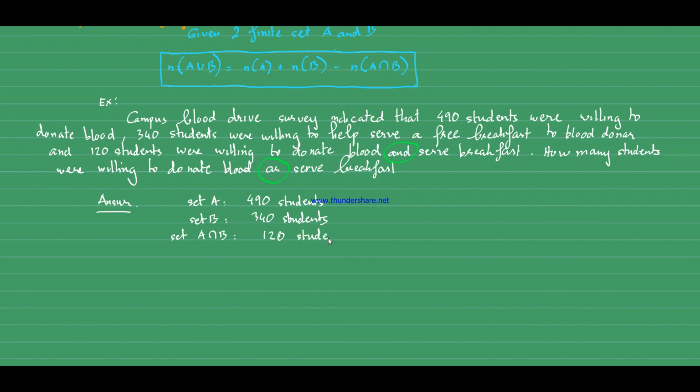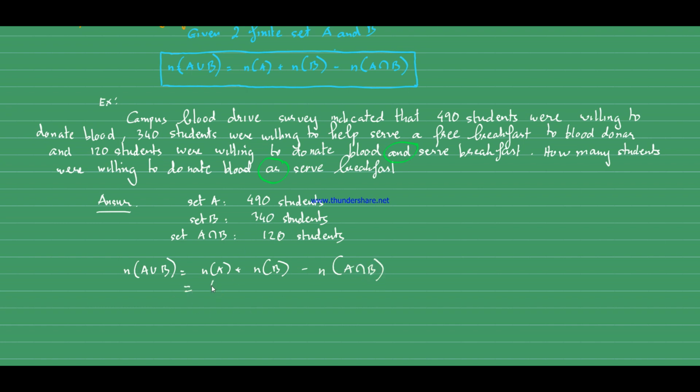So basically, you see the question gives us all the information already. All you have to do is find the number of students for the union set. A union B will be n(A) plus n(B) minus n(A intersect B).